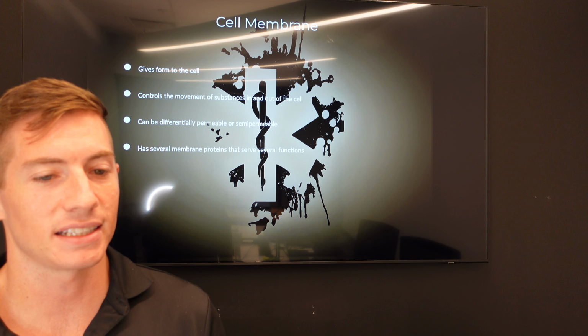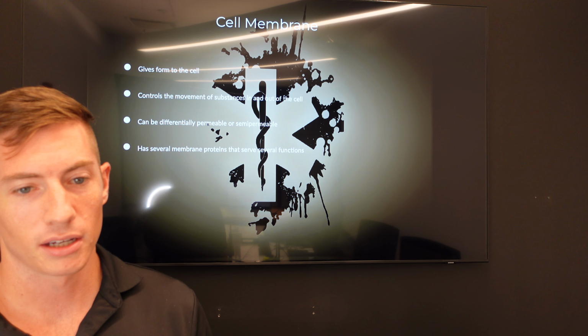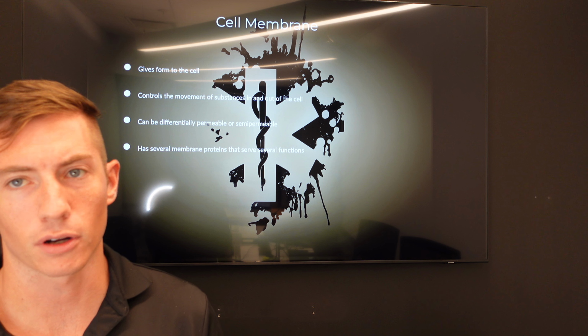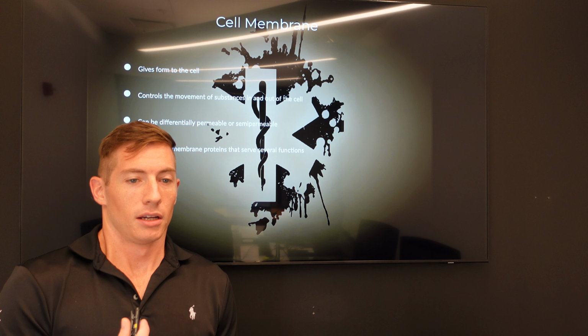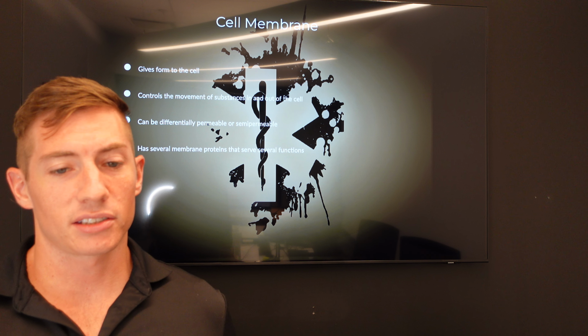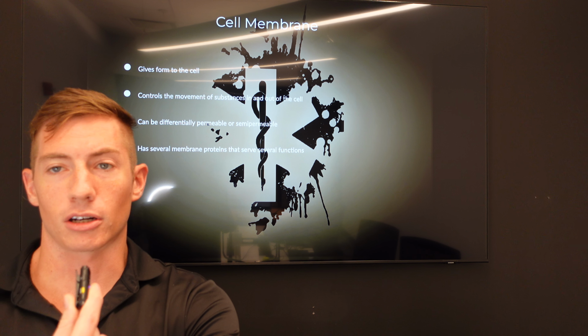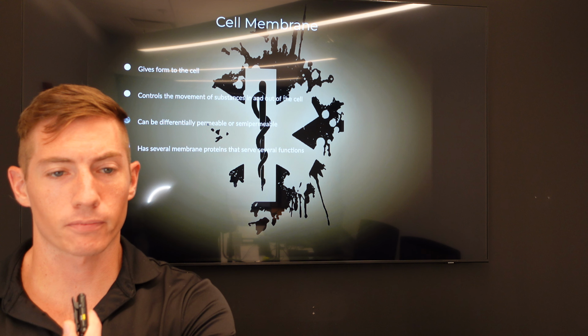Identifier proteins identify the cell as part of a particular organism and are used to determine self from non-self. Carrier proteins bind to the substance and transport it across the cell membrane. An example would be the sodium-potassium pump.